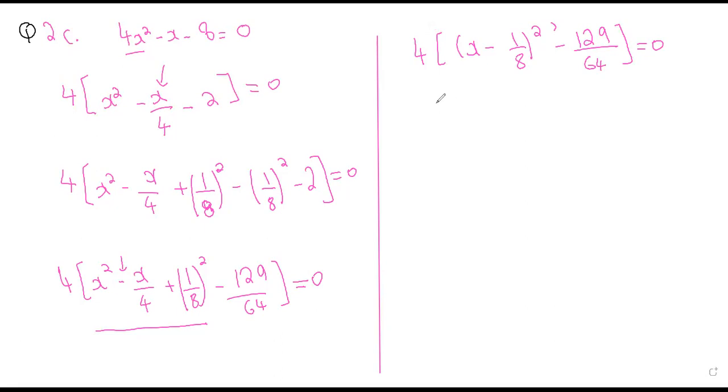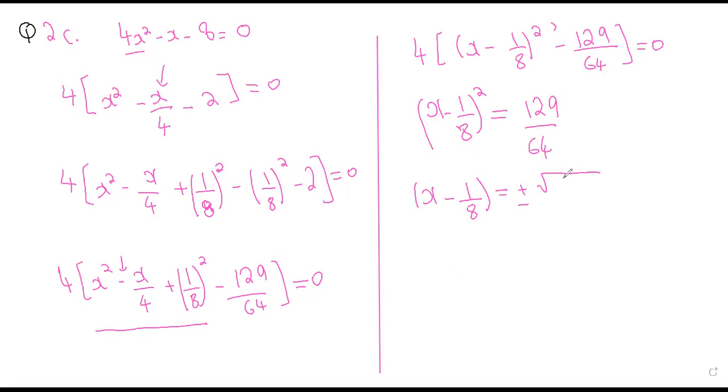So I would get rid of that, and finally I'm going to get x minus 1 by 8 squared equals 129 by 64. Now I'll take the square root on both sides, and this would be x minus 1 by 8 equals plus minus root 129 divided by 64.